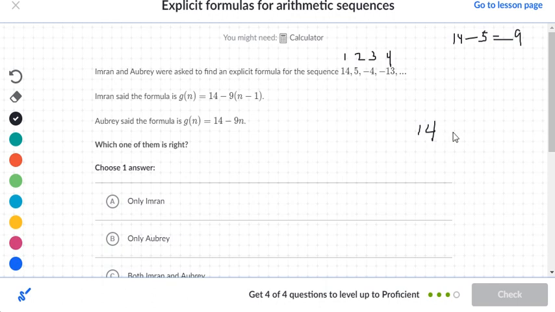But we couldn't say plus 9 here, because 14 plus 9 makes 23. We want it to be 5. So since it's getting smaller from a positive to a negative, you have to treat it as a negative 9, not a positive 9, because the numbers are getting smaller. So let's say 14 minus a negative 9.